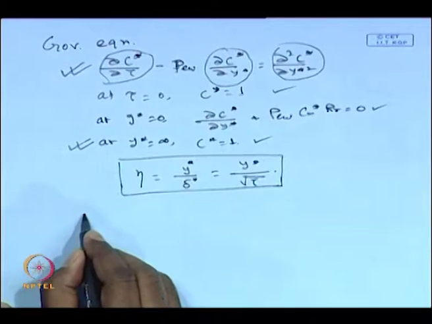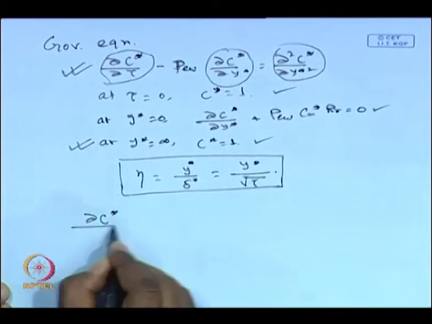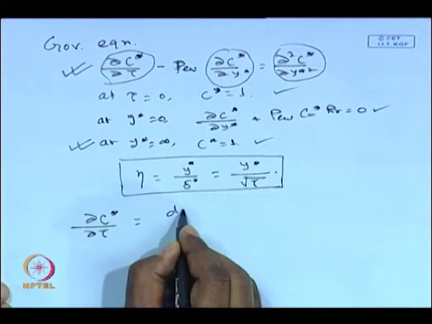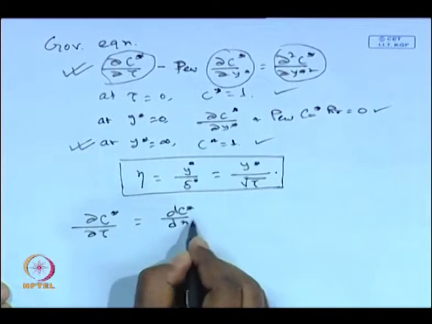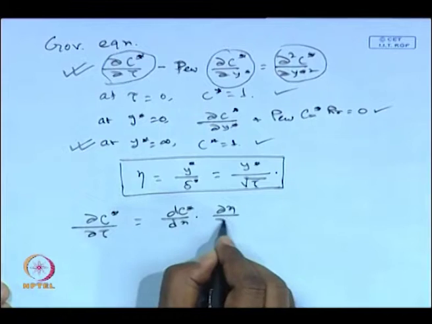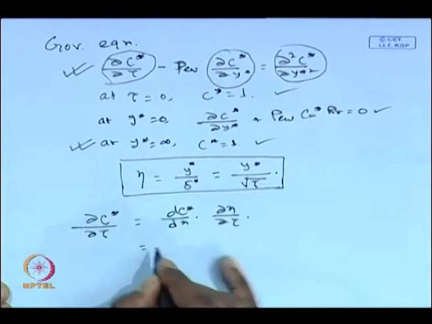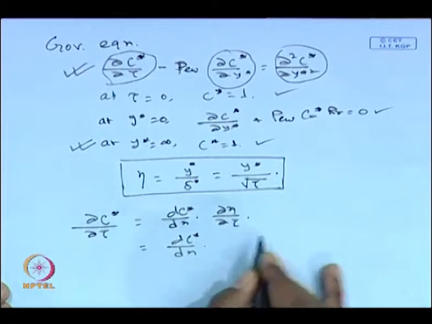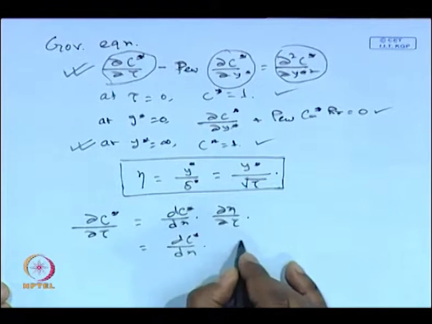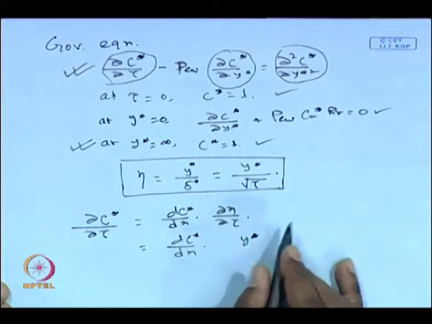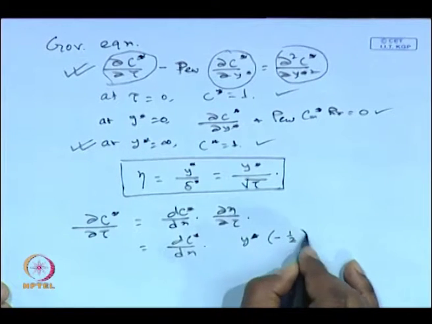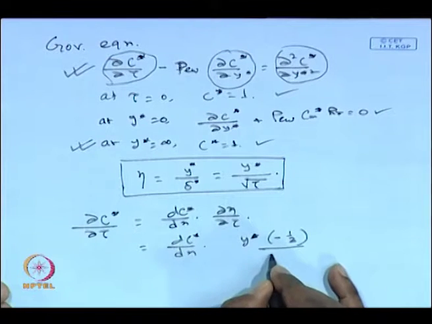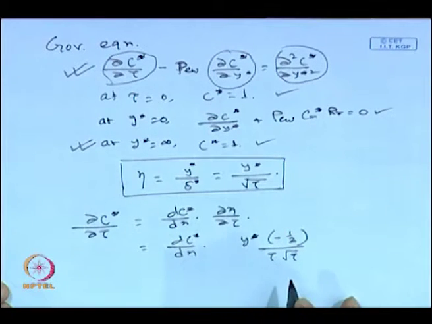So, let us look into these derivatives. del C star del tau will be nothing but dC star d eta times d eta del tau. So, this becomes dC star d eta, and del eta del tau, with y star remaining as it is, tau to the power minus half, will be minus half tau to the power minus 3 by 2. So, it will be nothing but tau root over tau.